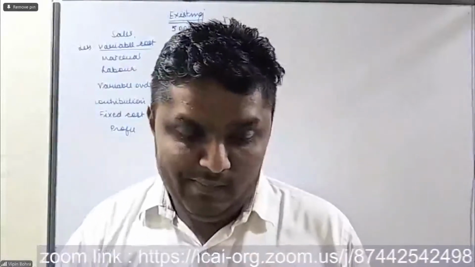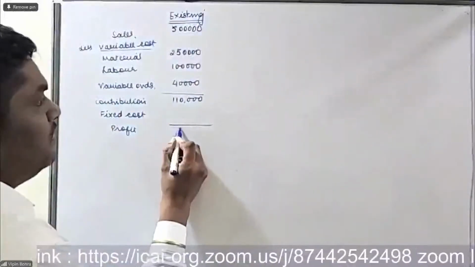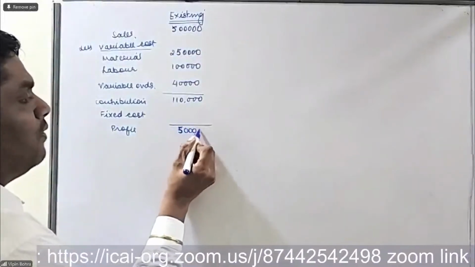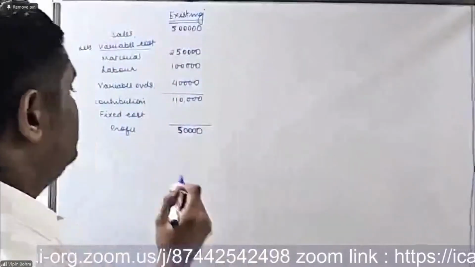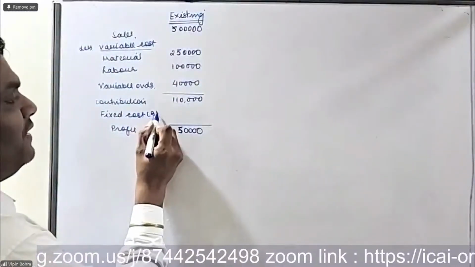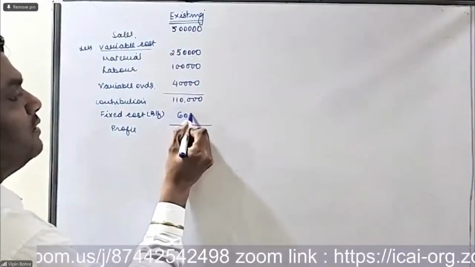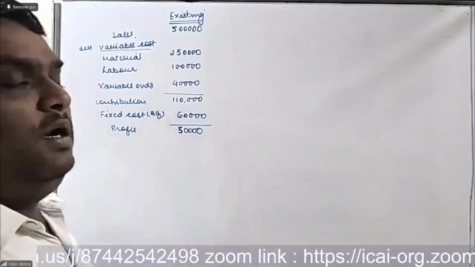So 4 lakh into 12.5%. My profit will be 4 lakh into 12.5%, so this will be 50,000. Therefore, my fixed cost, my balancing figure, will be 60,000. This is the current plan.